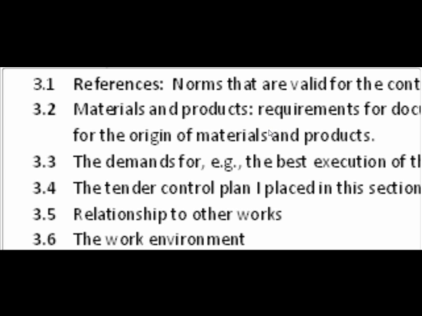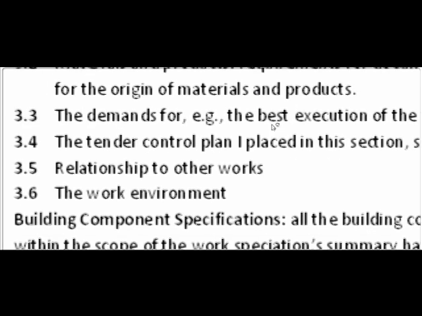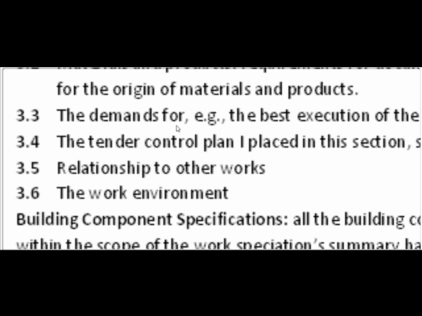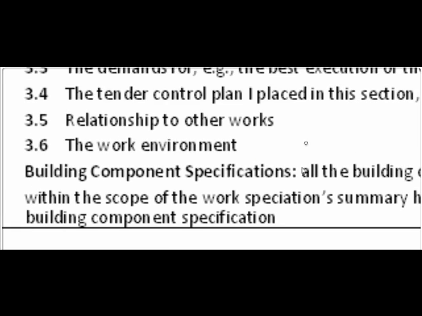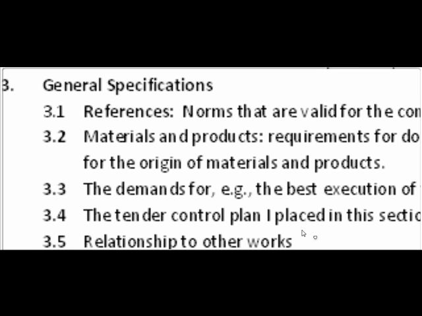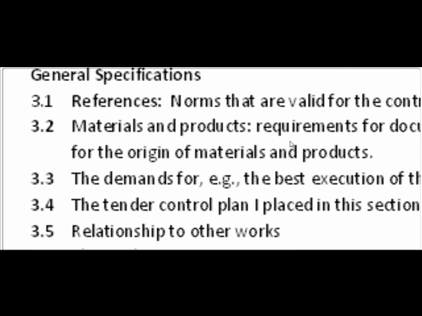And demands about the execution of the work, is it going to be done in accordance with best practice and so on, it has to be mentioned here. The tender control plan is put in here, and relationships to other work and the work environment, all those requirements are put in here. So section 3 is about how to do the work, the quality of the work, and the norms under which this work is regulated.